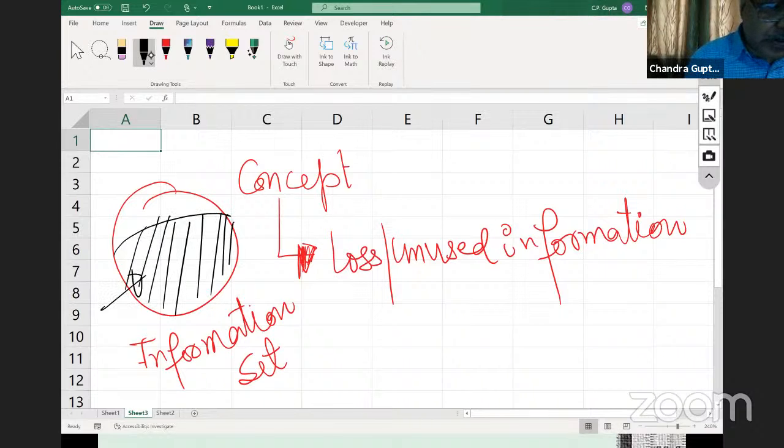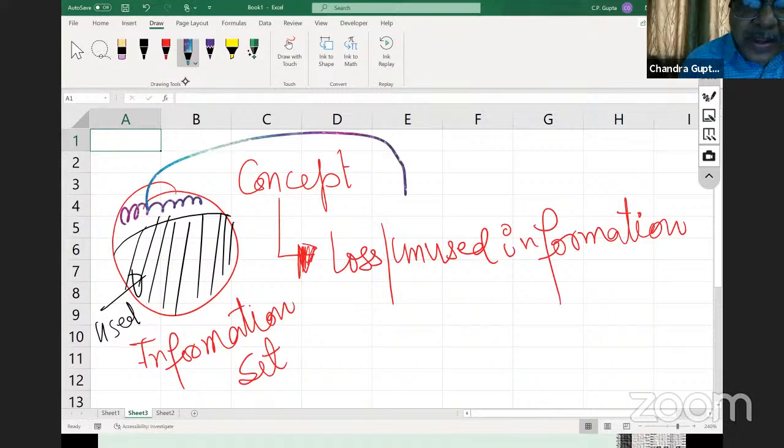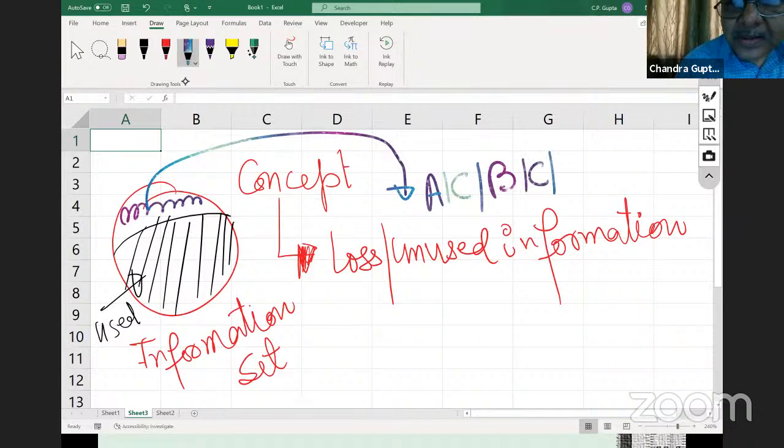Then the remaining unused part will be reflected by information-based criteria, AIC or BIC and others.